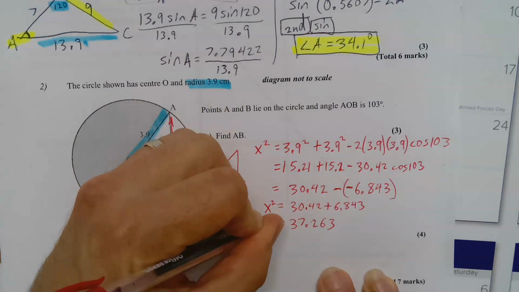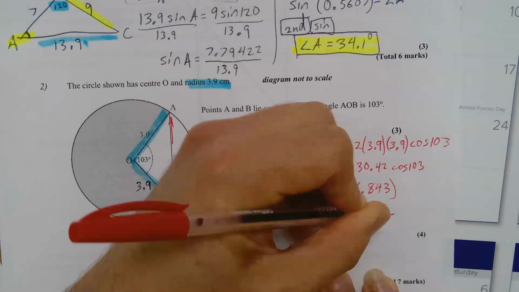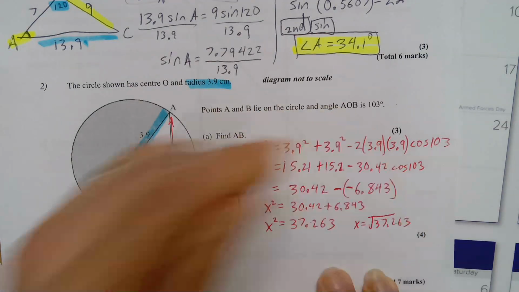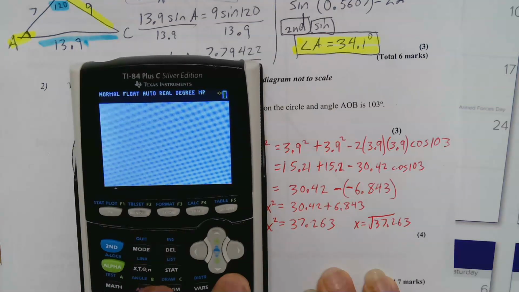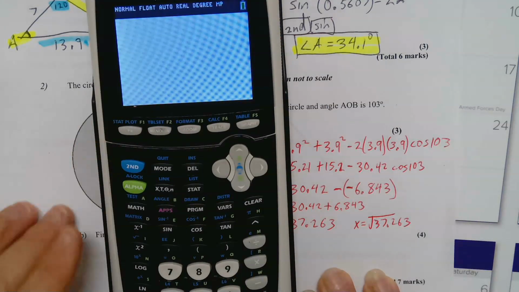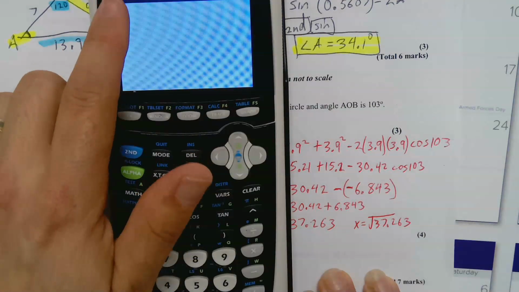And so then I take the square root of 37.263. Some people were asking about how do I do square root on the calculator. So I have to push the second button, and then see where it's got in blue the square root symbol right there. So I push the square root symbol, and now I've got the square root.